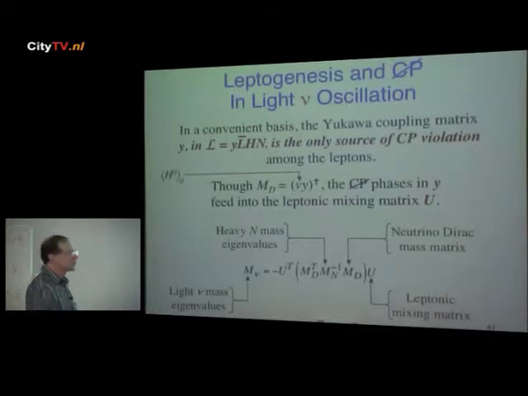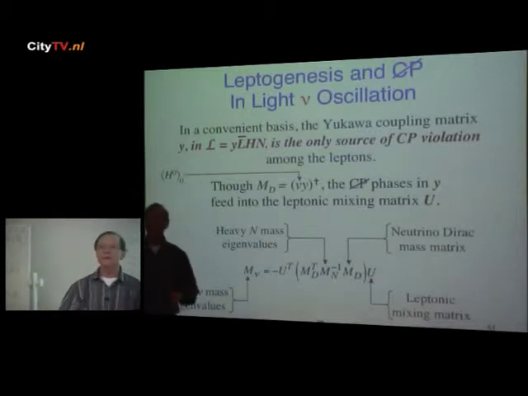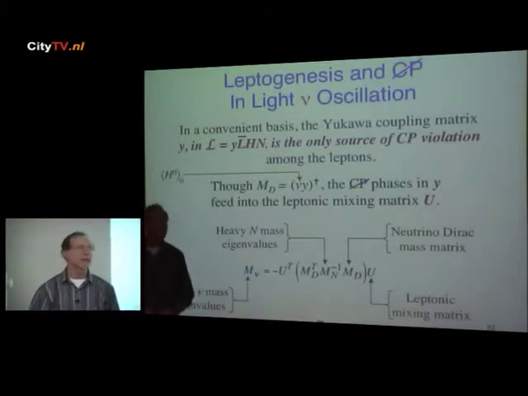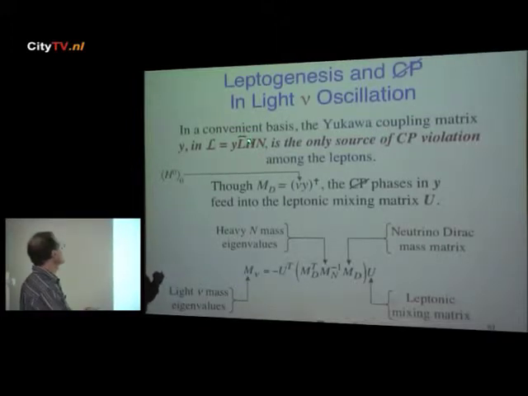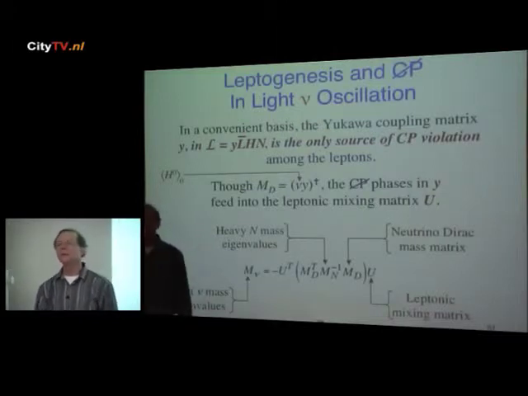In a convenient basis in which the mass matrix for the heavy neutrinos has been diagonalized, and in which the mass matrix for the charged leptons has been diagonalized, the Yukawa coupling matrix that I called Y, which couples the heavy neutrinos to the Higgs and the light leptons, is the only source of CP violation among the leptons, no matter what experiment you do.